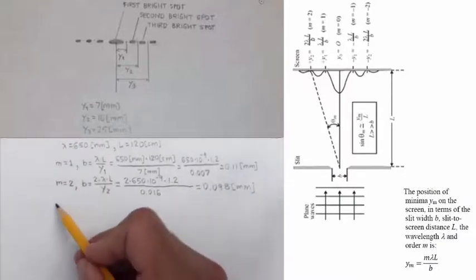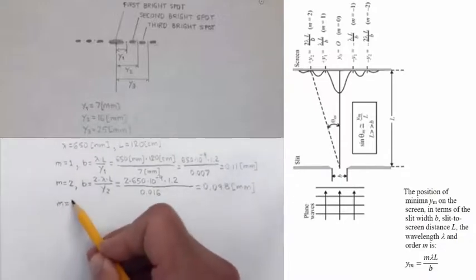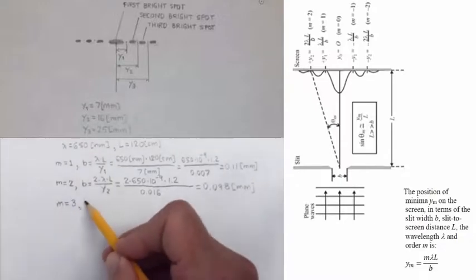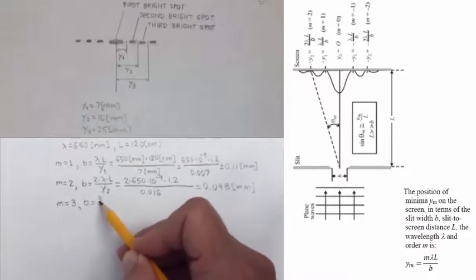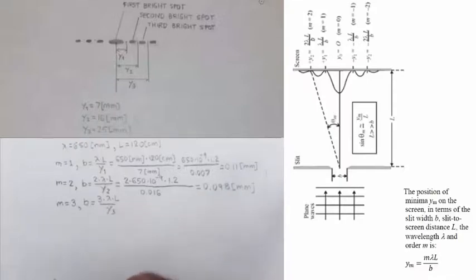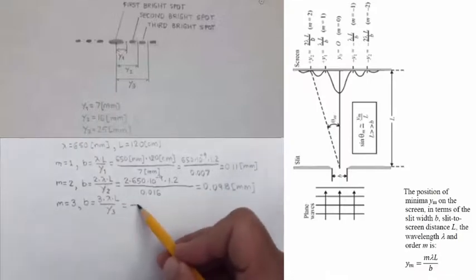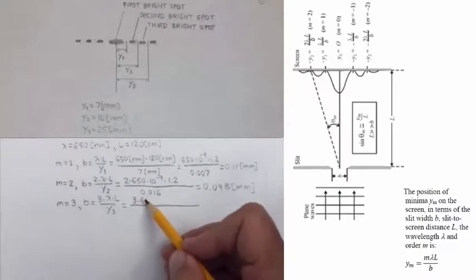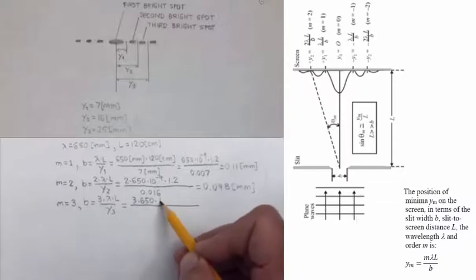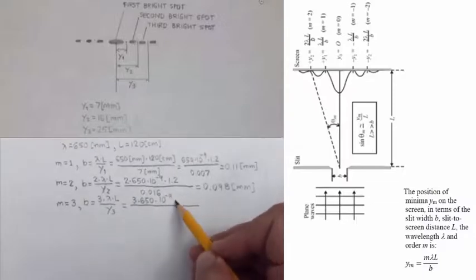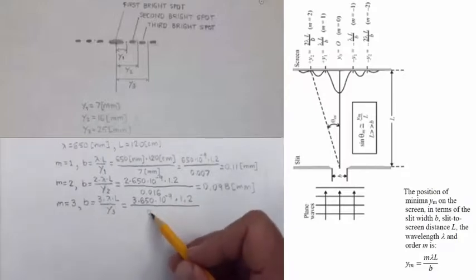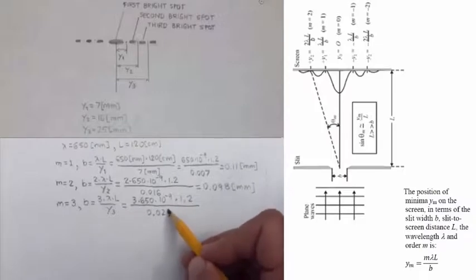And then finally the third calculation for the third order dark spot. We have again the formula on the right, 3 times lambda times L over y3. Again, we are going to substitute and convert into the base unit immediately. So we have 3 times 650 times 10 to the negative 9 times 1.2 over y3, which we measured to be 25 millimeters or 0.025 meters.